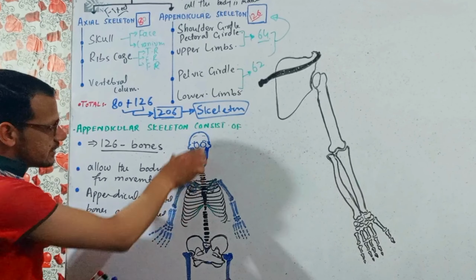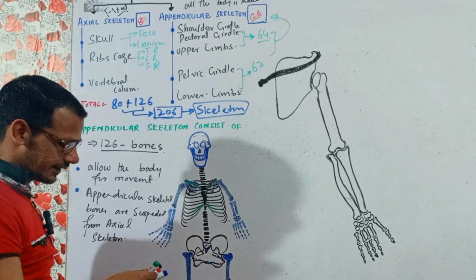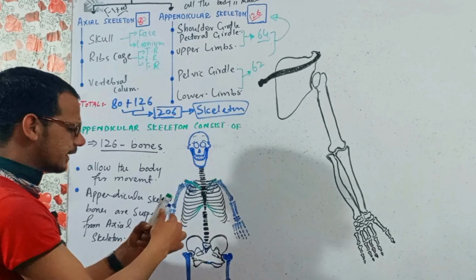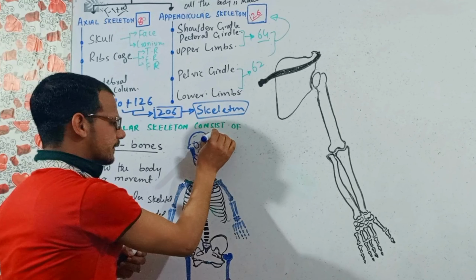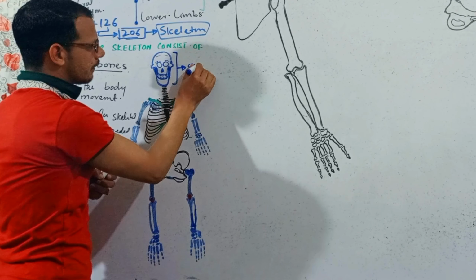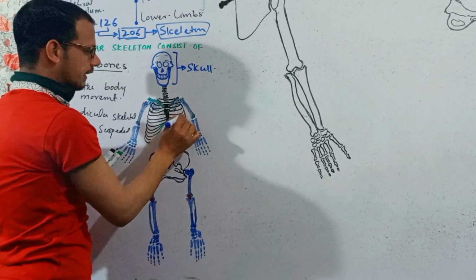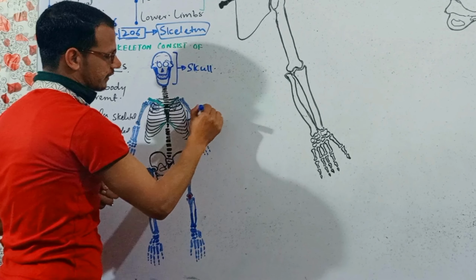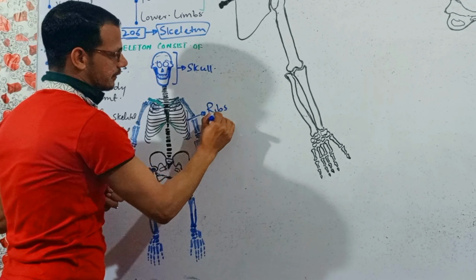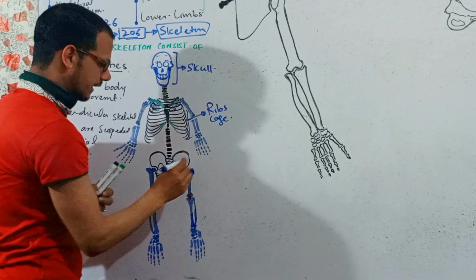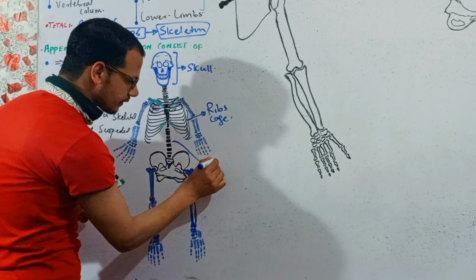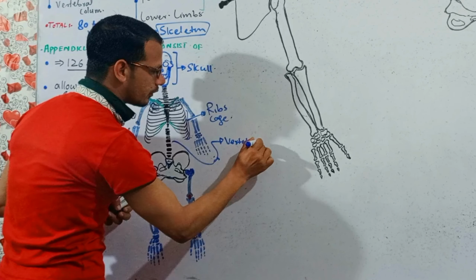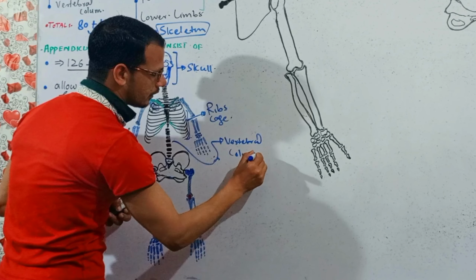Right, in this skeletal diagram we can see these blue parts. For example, this is the skull, and this whole thing is called the rib cage, and this is the vertebral column.